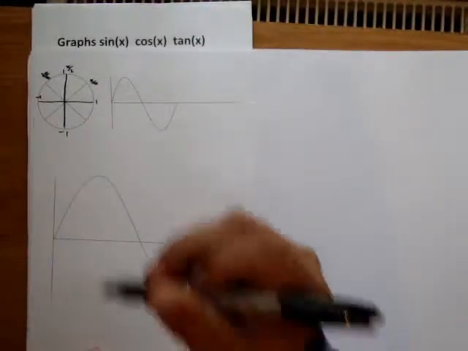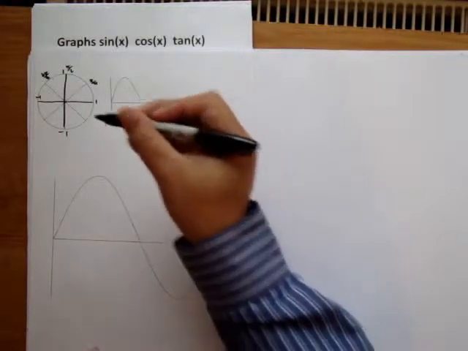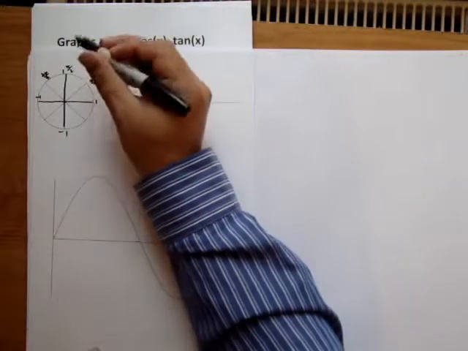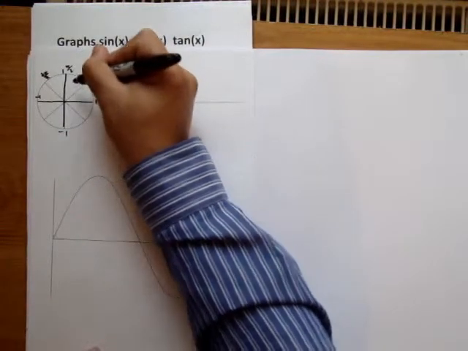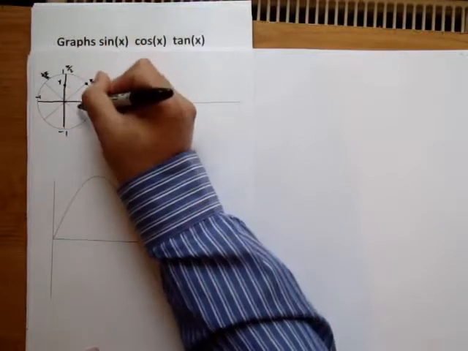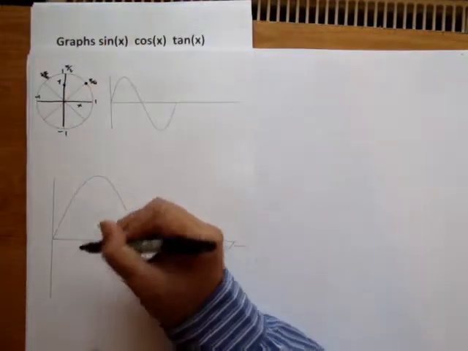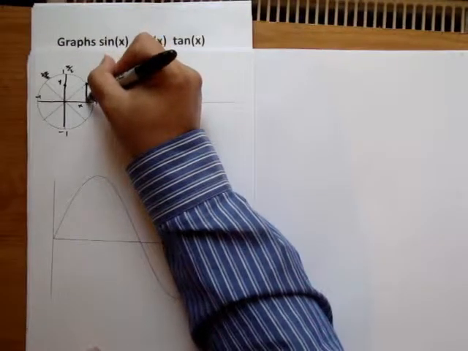Now what we do is we consider that the sine of an angle, say the sine of pi over 4, is the projection onto the y-axis. So that's the y-axis, this is the x-axis. So the projection would be this length here.